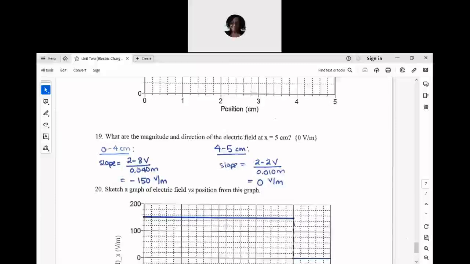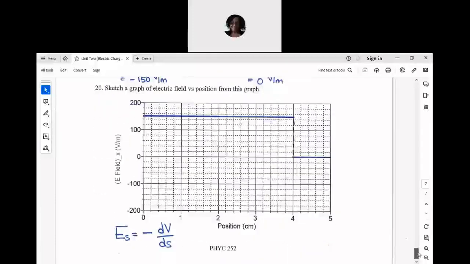So 2 minus 8 divided by 0.040 gives you negative 150, and then you have a horizontal section, so that's a 0 slope. That means that the electric field is constant over the first 4 centimeters, and then a different constant value over the last centimeter.